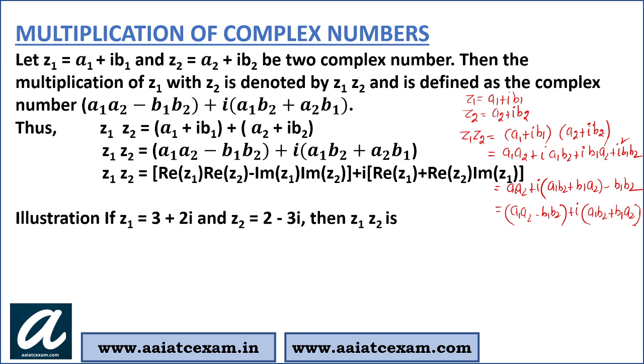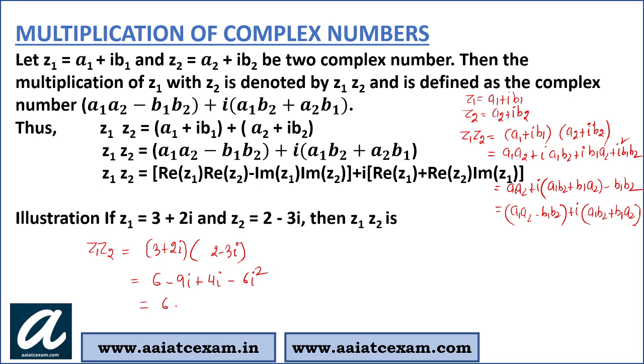For example, the question is, if z1 equal to 3 plus 2 iota and z2 equal to 2 minus 3 iota, then calculate z1 z2. Students, this will be equal to 3 plus 2 iota multiplied with 2 minus 3 iota. If you multiply, you'll get 6 minus 9 iota plus 4 iota minus 6 iota square.